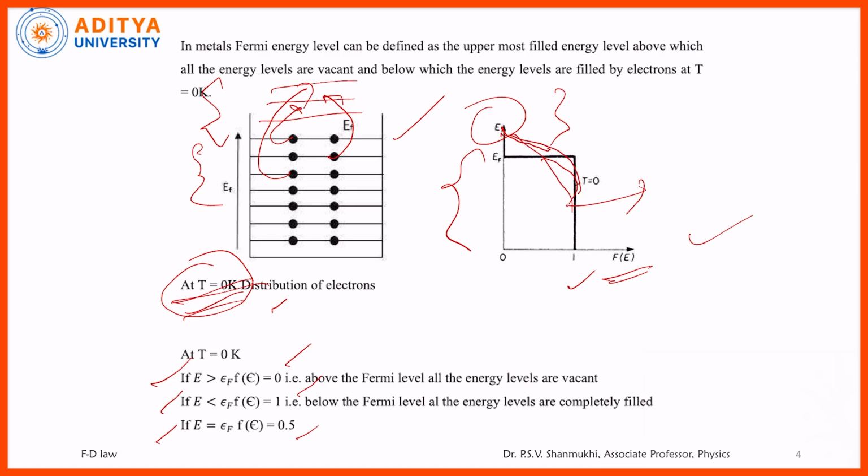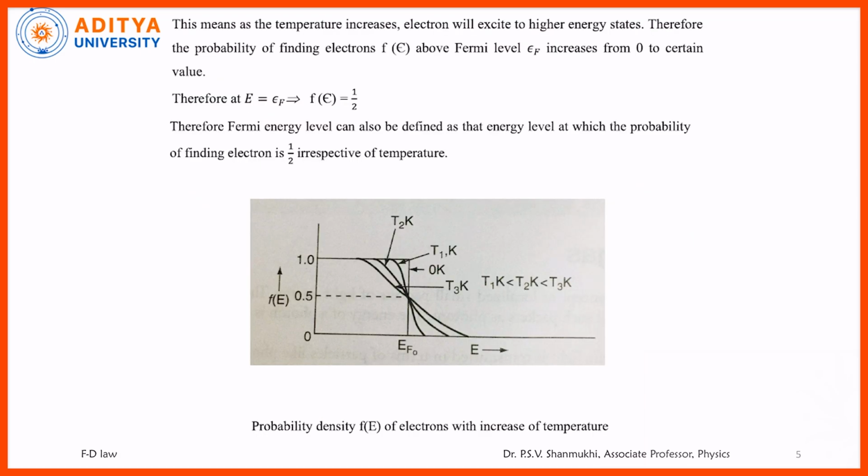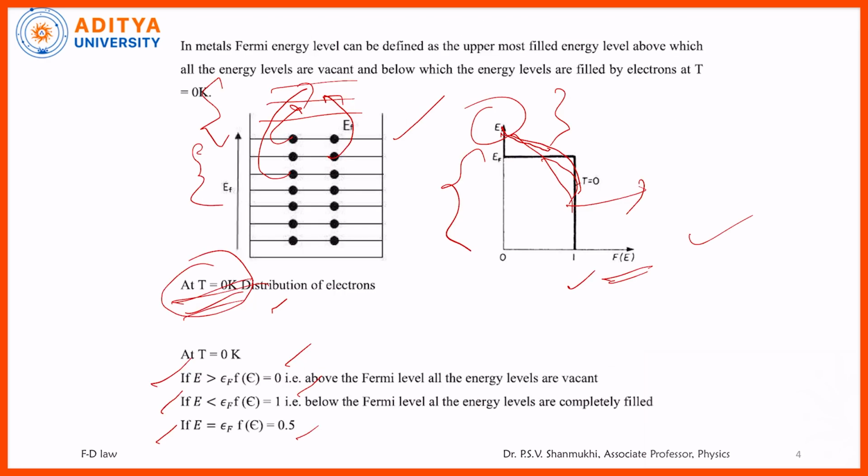Suppose this is at some temperature, say 300 degrees Kelvin. At any particular temperature T1, maybe 300, 500, 1000, 1200, whatever, you will get one probability graph. Again you increase the temperature, what happens? By increasing the temperature, again electrons from the lower energy levels will go to the higher energy levels. That means at very high energy levels the probability increases from 0 to a certain value.